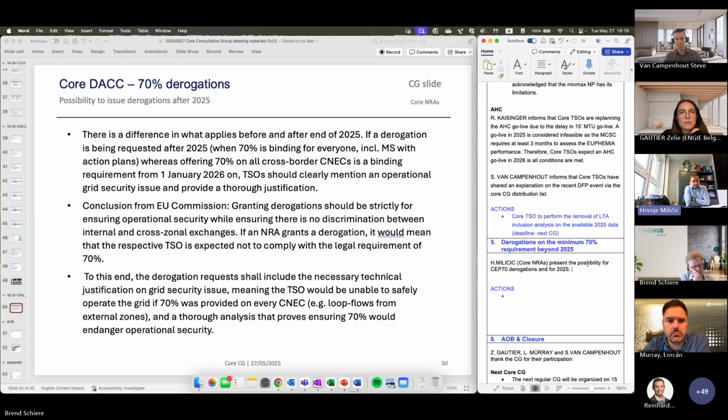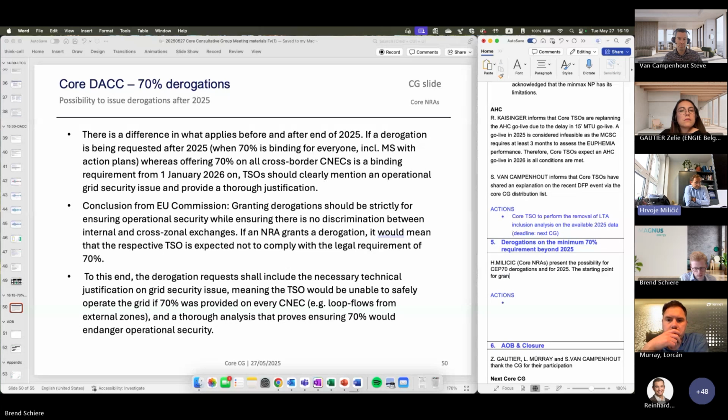Regarding the granting or reviewing of the derogations, we are of the same position that it is at the NRA's level. And if there is a disagreement between the NRAs, this case will be transferred to ACER for approval.